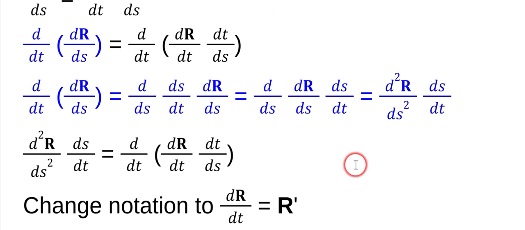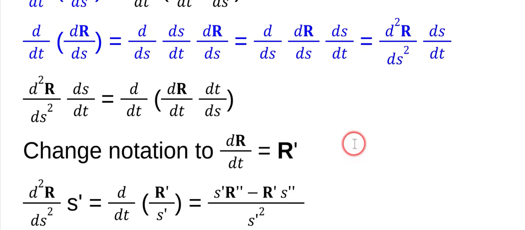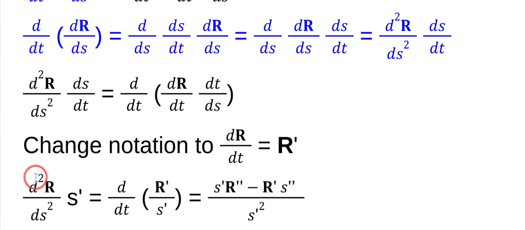It works just as well, as long as we all agree what it means, it's not going to be a problem. So we've got our second derivative of the position vector with respect to arc length. ds/dt becomes s prime. Here's our operator. dr/dt becomes r prime. And now look, if I flip this over, it goes in the denominator and it just becomes s prime.